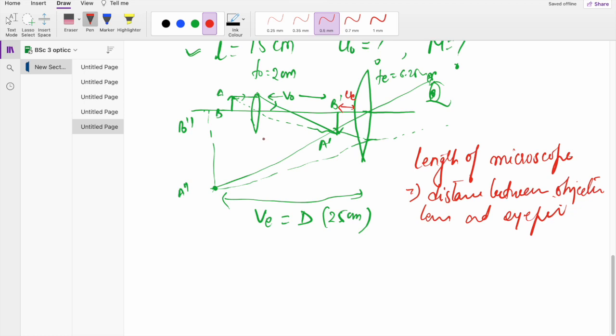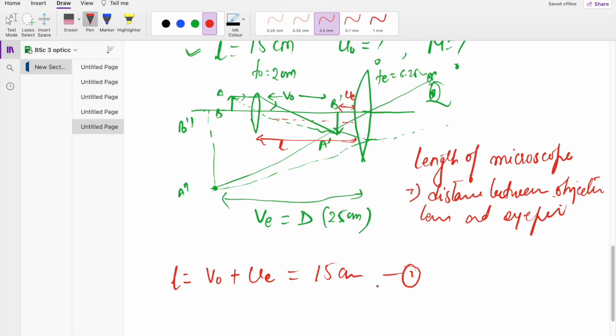If we see here, this distance is our L, the length of the compound microscope. So the length of the compound microscope is nothing but VO plus UE, this distance plus this distance. This total length is given as 15 centimeter. So this is equation 1.